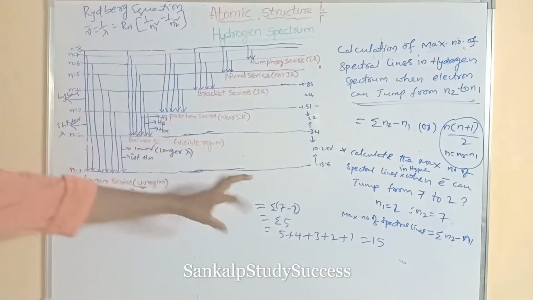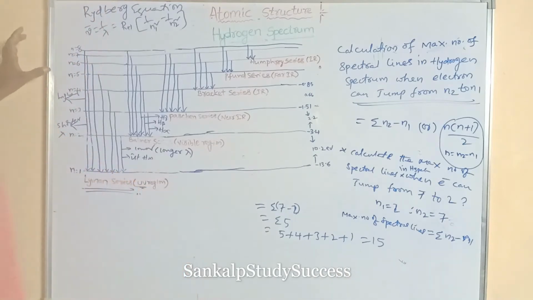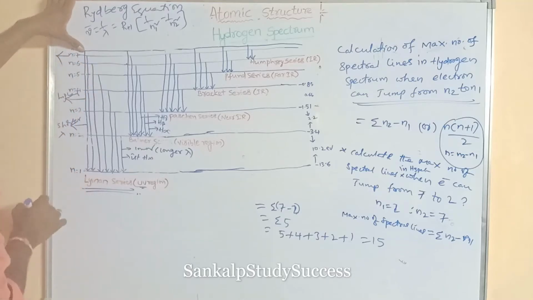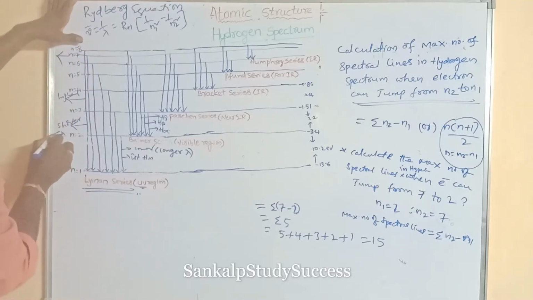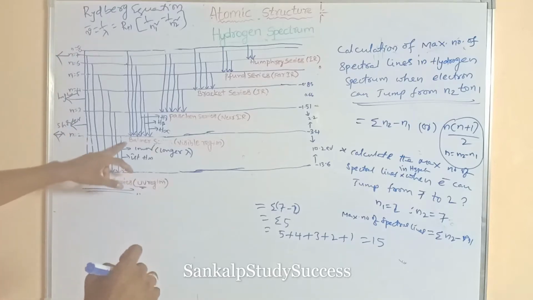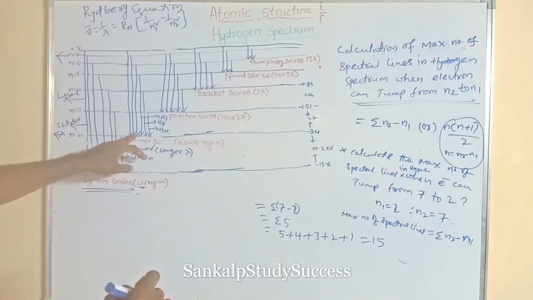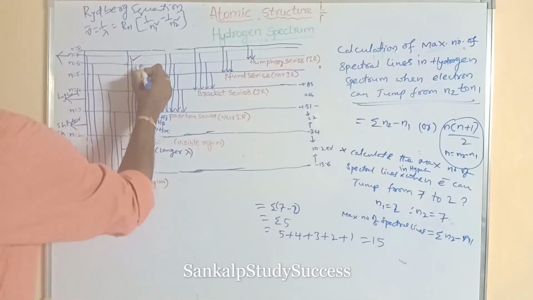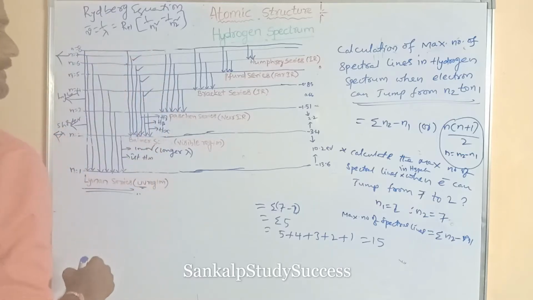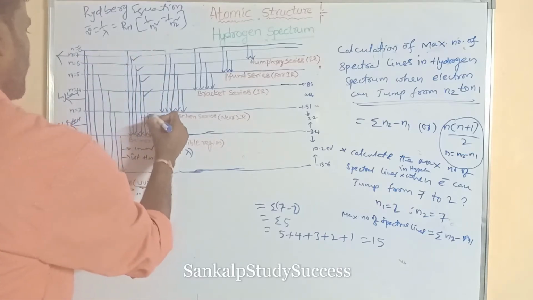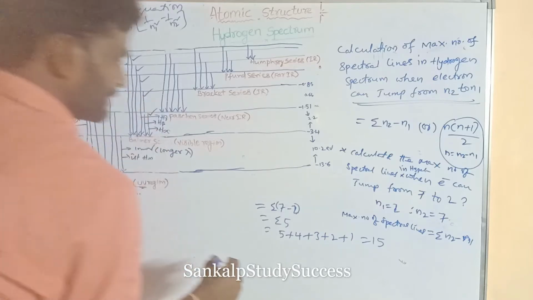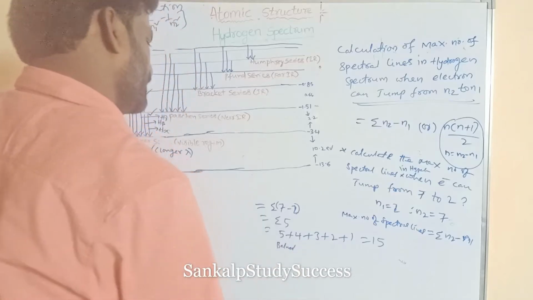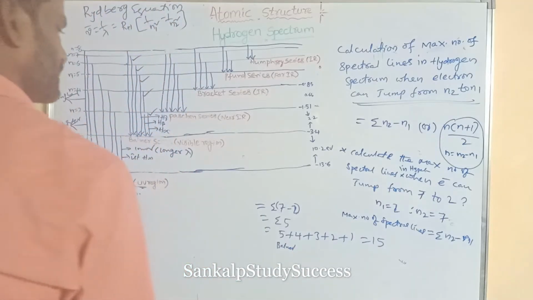Now observe these 15 lines. These lines are observed: from 7 to 2, write down 7 to 2. Of these, 5 lines end at 1 (the Lyman series). Next, 4 lines end at 2, and this is the Balmer series.